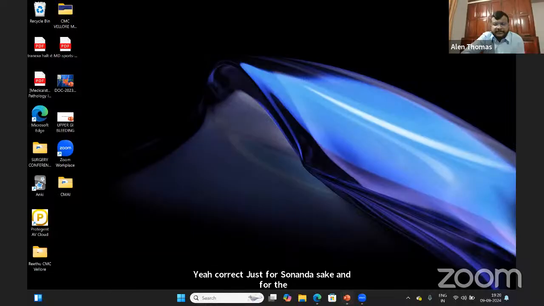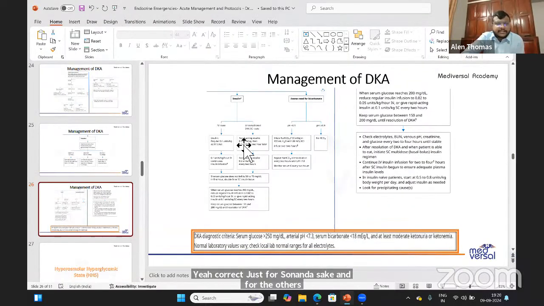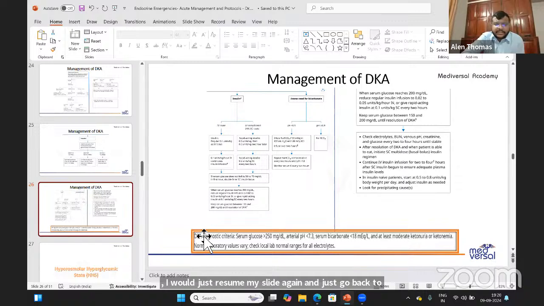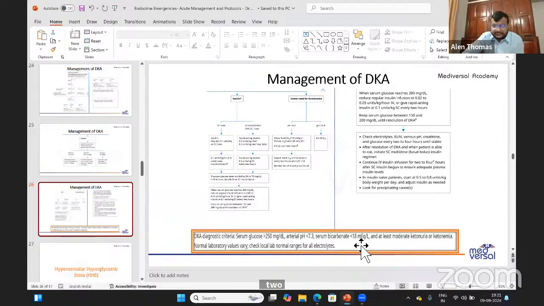Correct. Just for Sunanda's sake and for the others, I would reshare my slide again and go back to the presentation. If you look at management of DKA, just look at the underlined box. That is the core crux. Serum glucose more than 250, pH less than 7.3, serum bicarbonate less than 18.